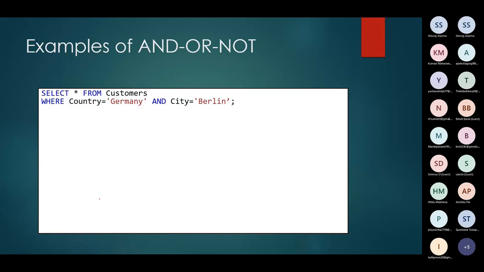So in the AND statement, both these conditions have to be true. Any entry that contains the country equals to Germany and the city equals to Berlin will be retrieved only.